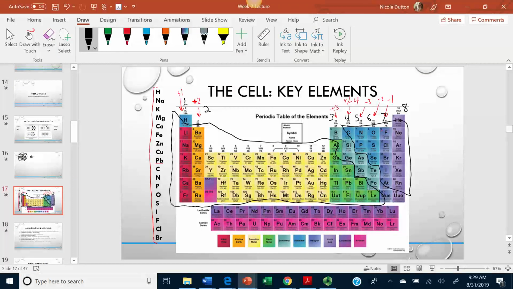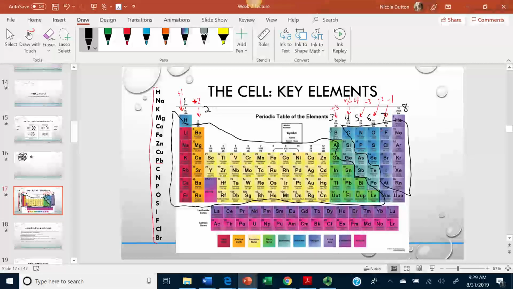When we go further into the definition of what an ionic bond is, it's a bond between ions. It's a bond that forms between the positively charged metals, known as the cations, and the negatively charged nonmetals, known as the anions.